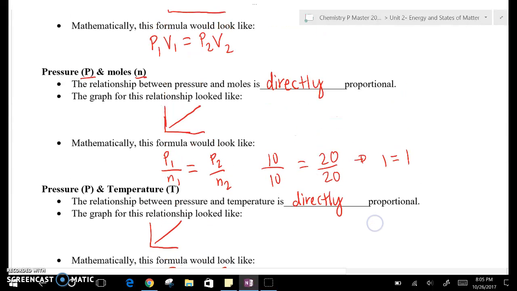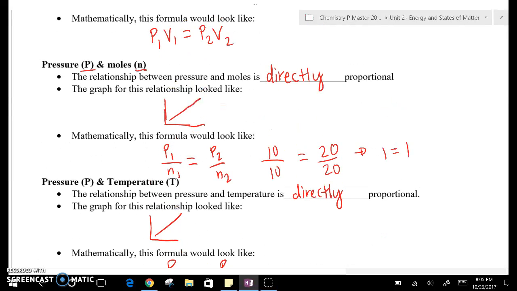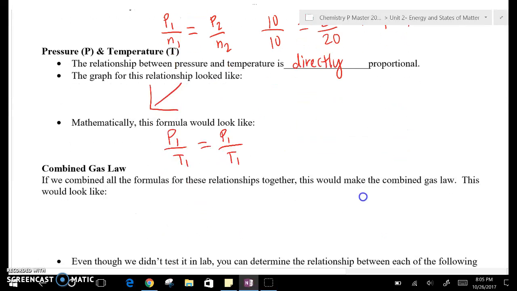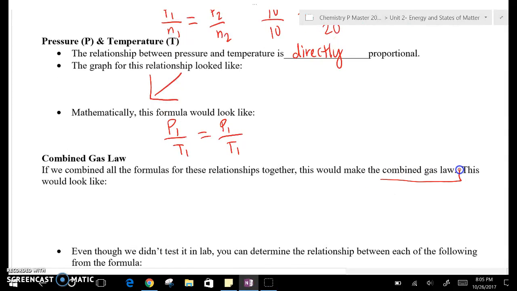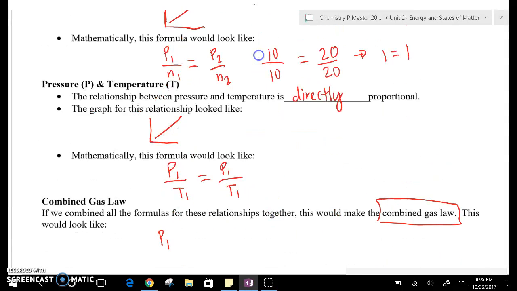Now, notice in all three of these, we've got a P. So we actually use pressure as kind of our base unit to figure out how all of these other things are related. So from this, we can derive all of these together to make something called the combined gas law, which tells us the relationship between all four variables at the same time. So if we derive all of that together, we would do our pressure and volume together.